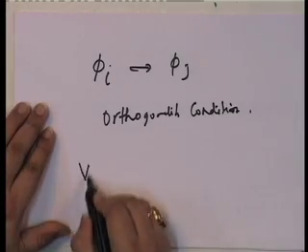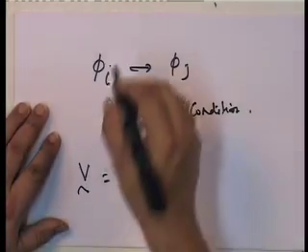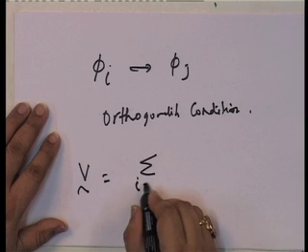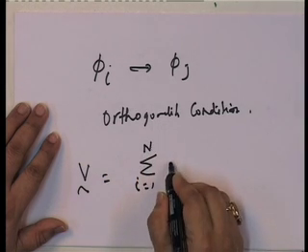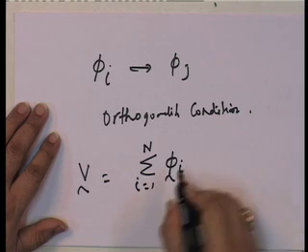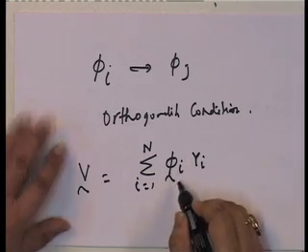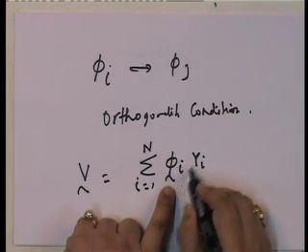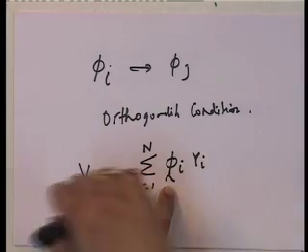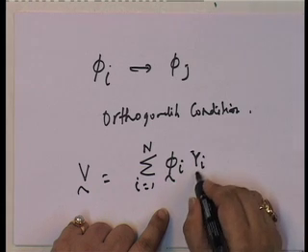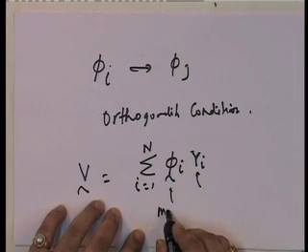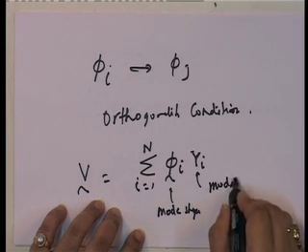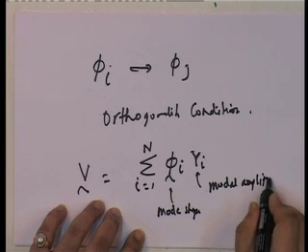So, I can represent the displacement in this fashion: summation I going from 1 to n of phi I into y I. What does phi I represent? It represents a direction in the n dimensional space, which is orthogonal with respect to every other direction. And what is this? This is the mode shape and this is the modal amplitude.